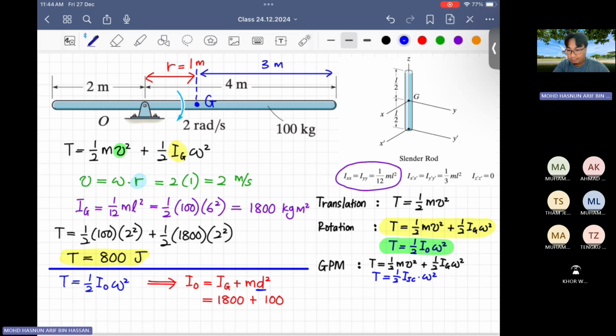Try calculate again. 1 over 2 times 100 times 2 square is 4, plus 1 over 2 times 1800 times 4. Oh yes, 3800. Where did I go wrong? Because the answer is 800.